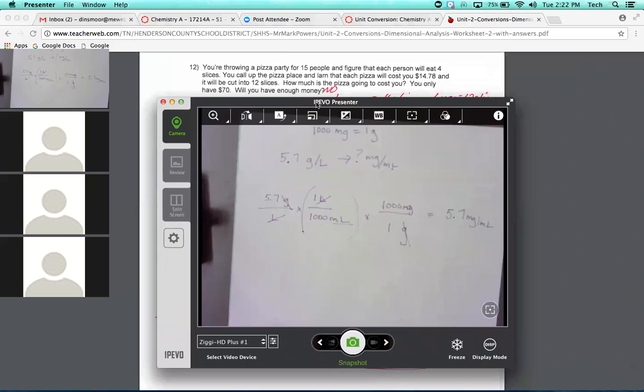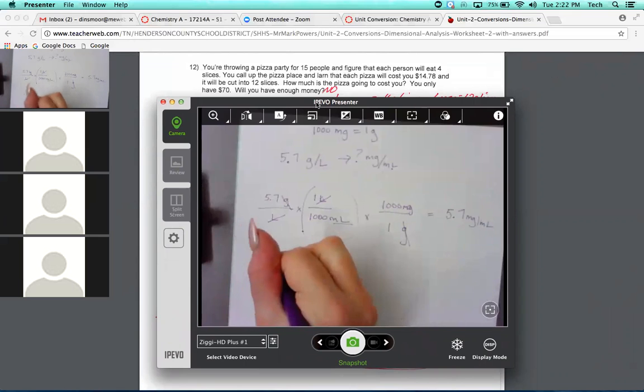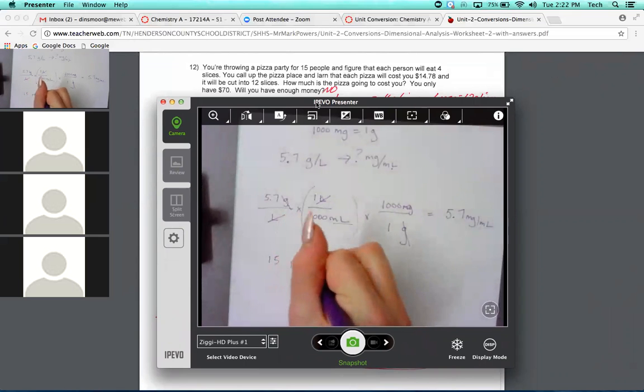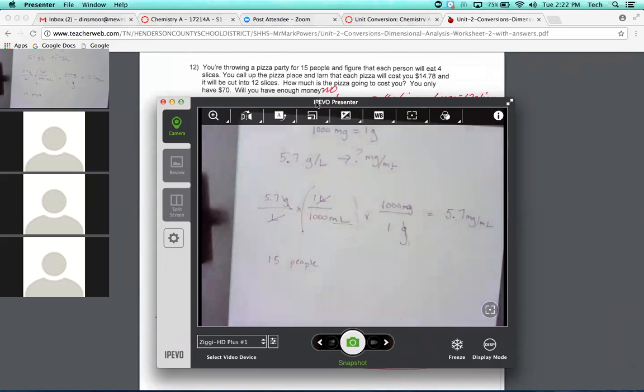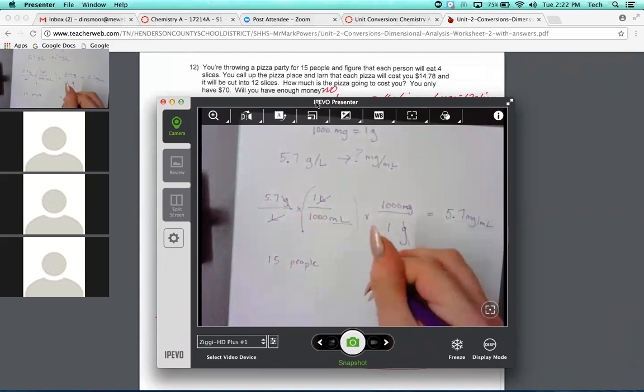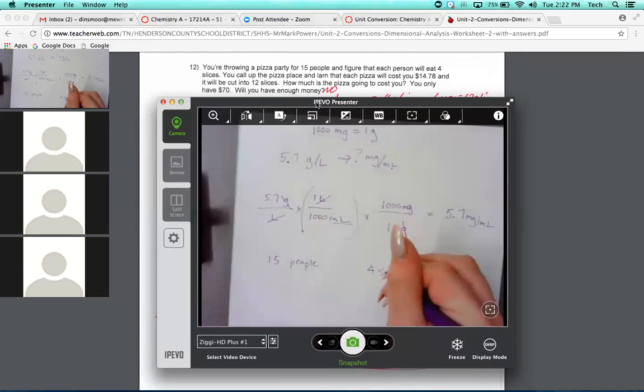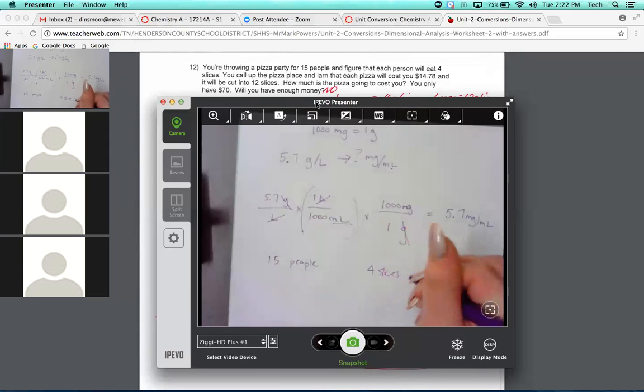Okay. So what do we know from the question? Well, we know that we have 15 people. We know that there's 4 slices per 1 person, right? 1 person eats 4 slices.